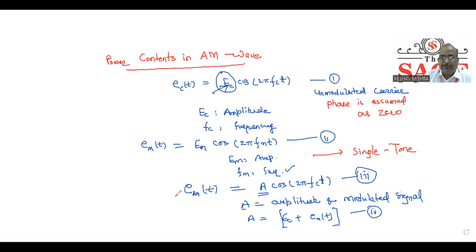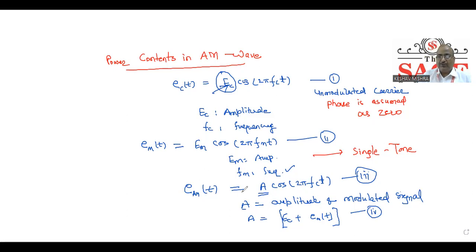We produce a third signal by the process of amplitude modulation, which is the modulated signal, where A is the amplitude of the modulated signal. How can we get the value of A? We have varied Ec in proportion to the modulating signal, and here the proportionality constant is assumed as unity.